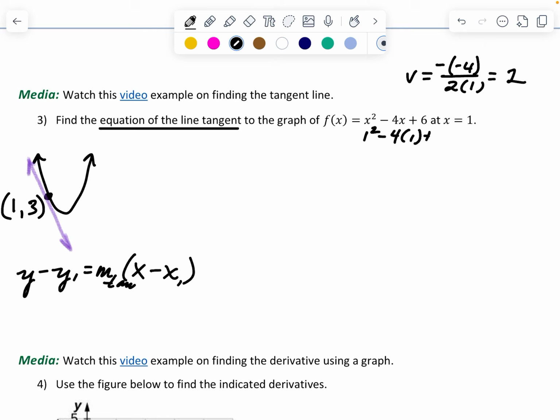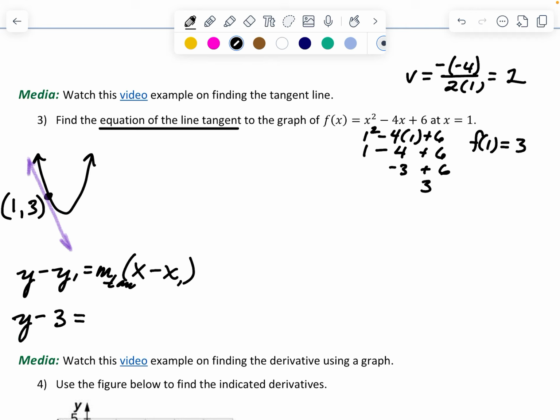So it's going to be 1 squared minus 4 times 1 plus 6. And so I get 1 minus 4 plus 6, which 1 minus 4 is -3 plus 6. It turns out to be 3, so I was correct. So we know that f of 1 is 3. Okay, so here we go. So in the end, I've got this.